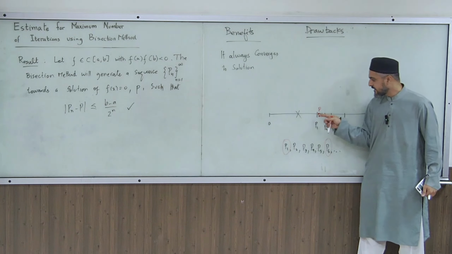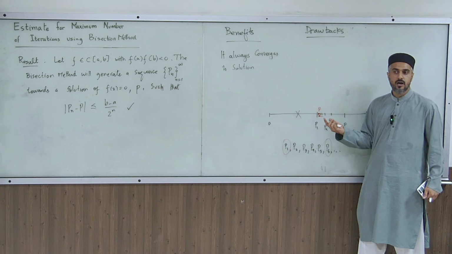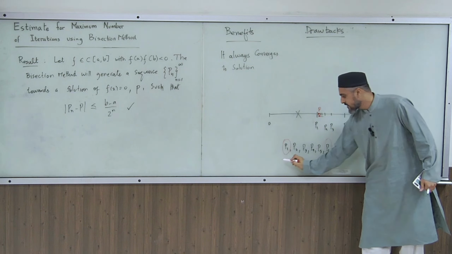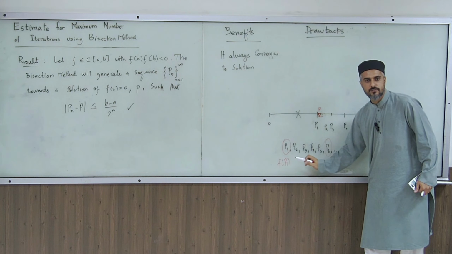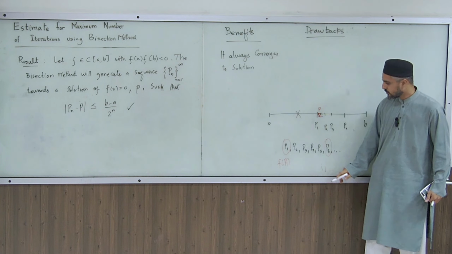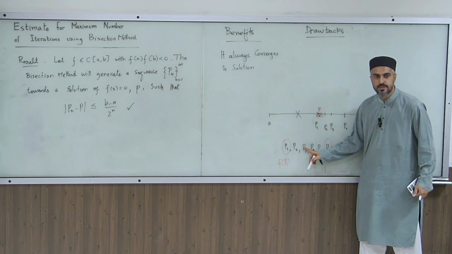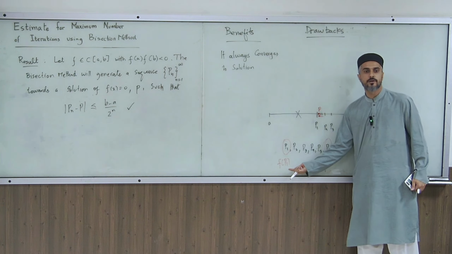If it is that near to the solution and it has identified that the solution is that near, the function value at P1 would be near zero, 0.0 something. And P6 will again be like this. You will see the function value at P2, P3, and P4 will be much further away compared to the function value at P1.